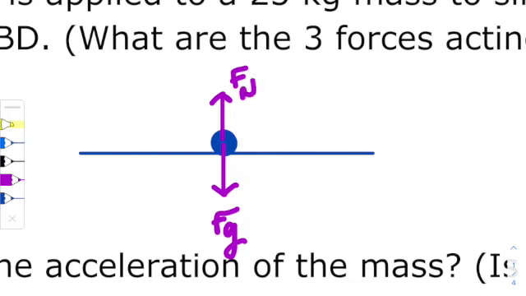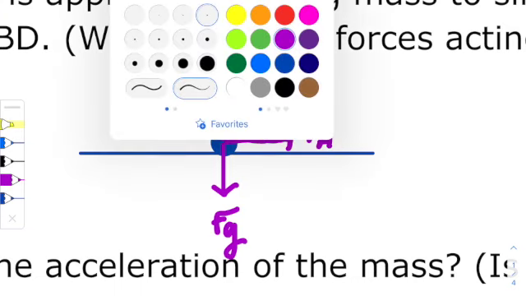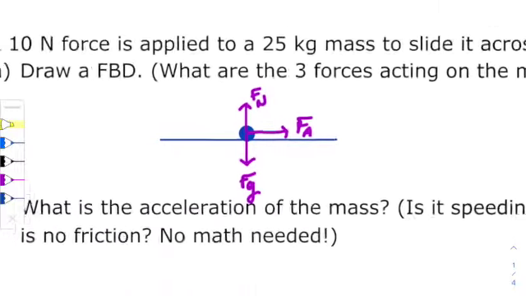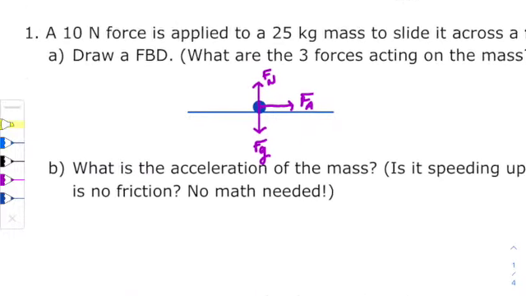And then we have an applied force that we're pushing. There's no frictional force. If you did have a frictional force, it would be here, but it says that it's frictionless, so we don't have that force. So here is our free body diagram.